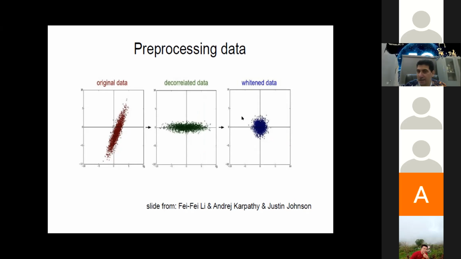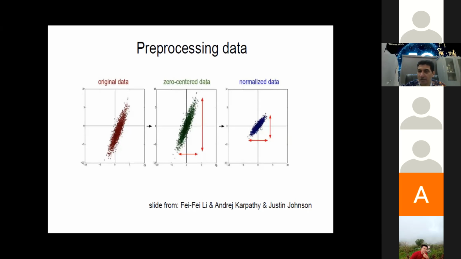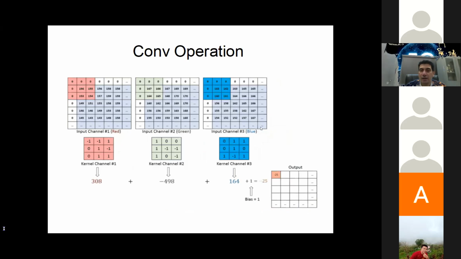This is whitened data, when all axes are of similar scale. So these are some kind of pictorial representation of pre-processing of data, how it will look from the graphs point of view. So when I say a convolution operation, three different kernels are there. These are the figures, where the convolution operation occurs here.